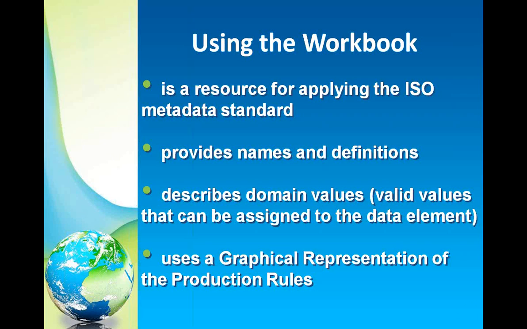It describes domain values, valid values that can be assigned to that data element, and it uses the graphical representation of the production rules. And there's also all the UML in the back as one of the references. Again, we'll cover more about how to read the UML in the February 5th session on UML basics.